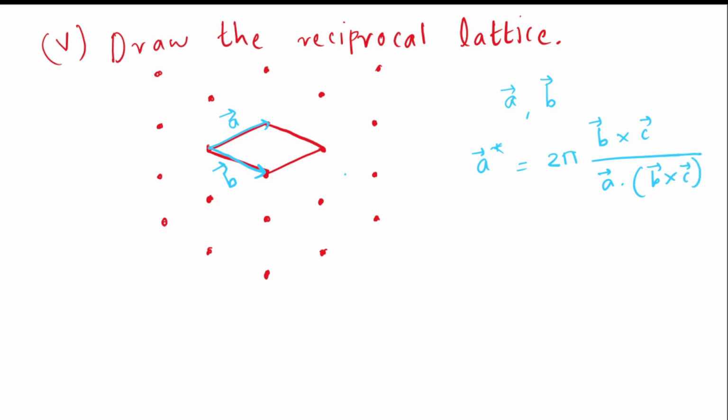But here we don't have C. Here we are only considering the 2D lattice. So the C vector can be taken as Z cap. So we don't need to do this calculation, as we don't have the values along x direction, along y direction.